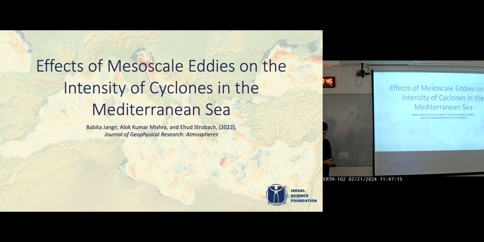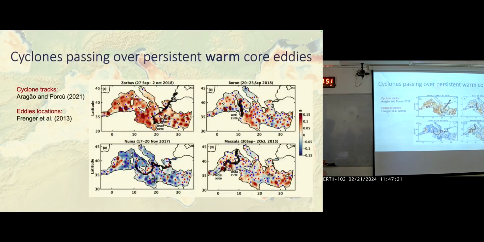Another study, very briefly: the effect of mesoscale eddies on the intensity of cyclones in the Mediterranean Sea. In this case, we are using two tracking and identification algorithms. One algorithm tracks atmospheric cyclones. This is for specific cyclones where we had the tracking paths of them in black.